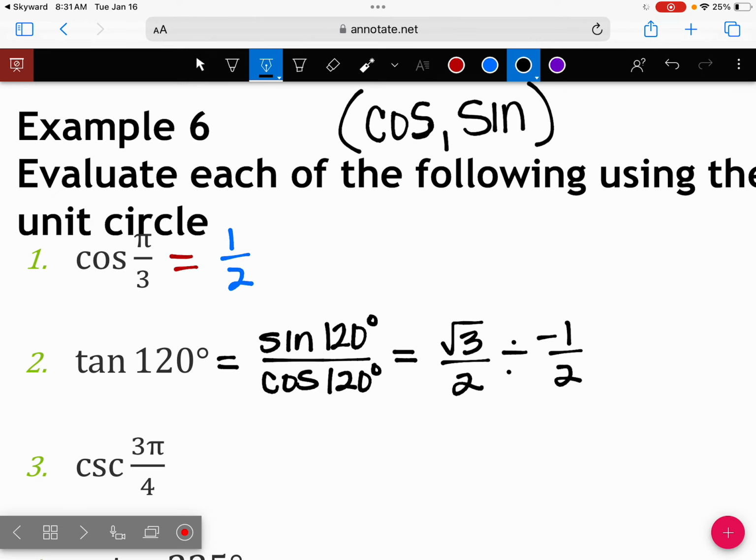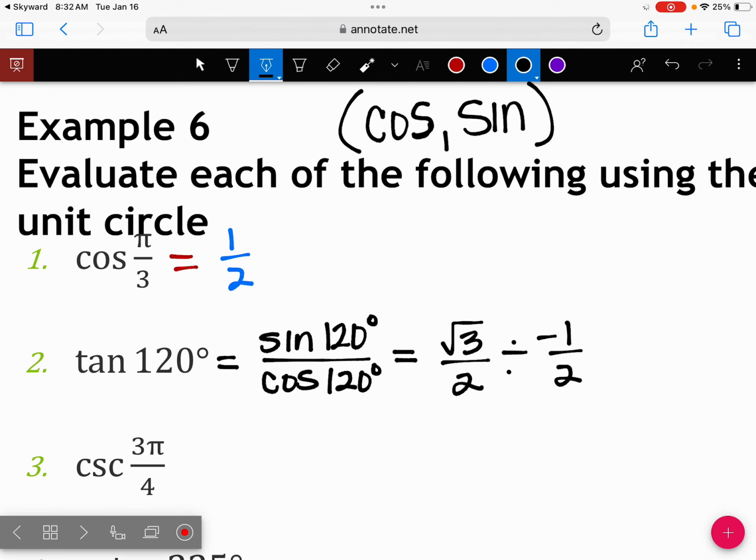Is that the same for the other chart? Yeah, you have to know that too. You get nothing. You have to know that tangent is sine divided by cosine, and that cotangent is cosine divided by sine. You have to know that cosine is x and sine is y. You have to know these things.